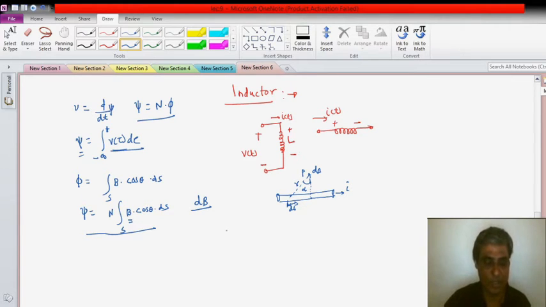For that also I can write the small change in magnetic field as mu, the magnetic permeability, which is a function of the medium in which the magnetic field exists, into the current carrying through the conductor, into the angle between your point P and the length you are considering for the current carrying conductor, divided by 4 pi r square, where r is the distance from point P to the conductor, and into some small change, that is dl, right?